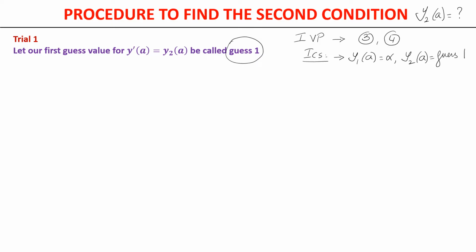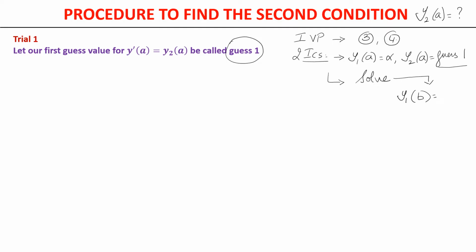So now the IVP is complete, having two first order equations and two initial conditions. So the procedure now would be to solve it using any of my known tools. The best would be the RK method of fourth order, and I will proceed to solve it and check whether y1 of b, the value of y1 at b, should actually be beta.